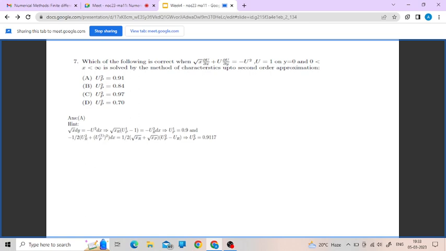Then we discussed some problems on Lax-Wendroff. And here we found a truncation error.